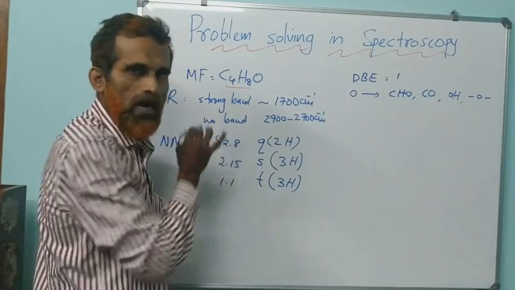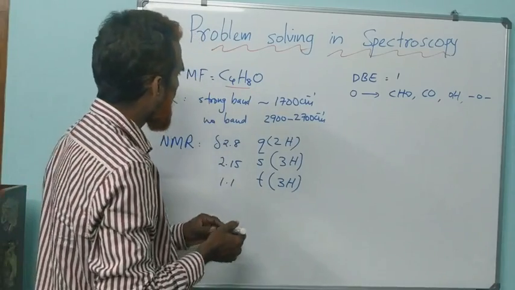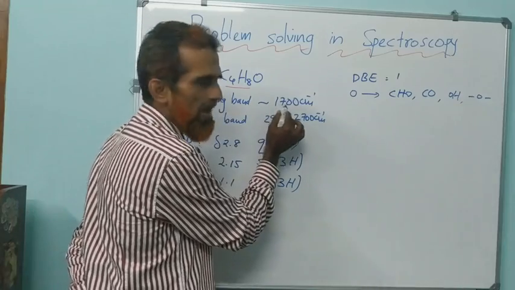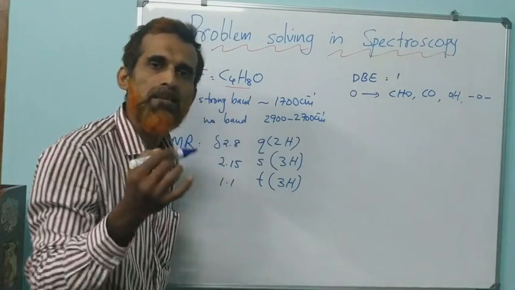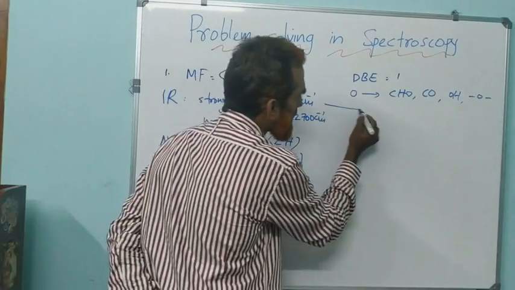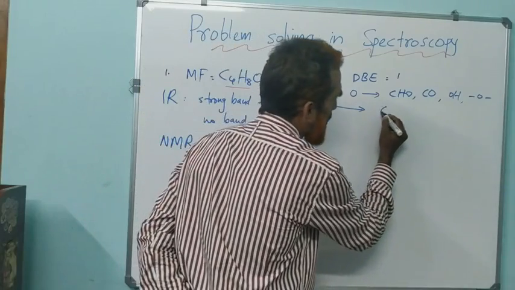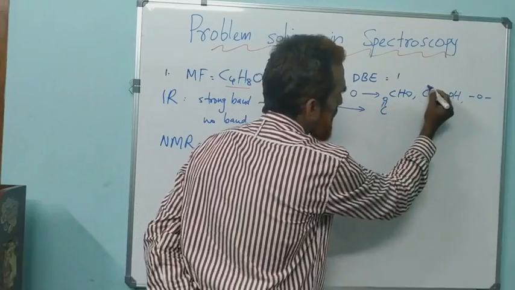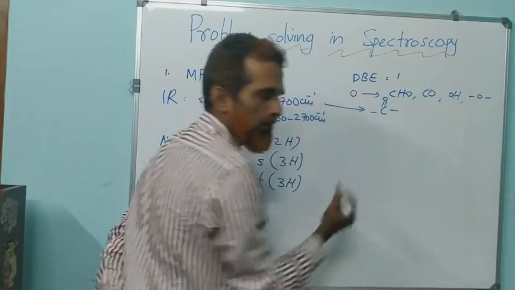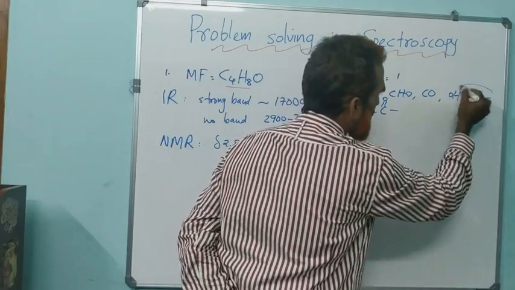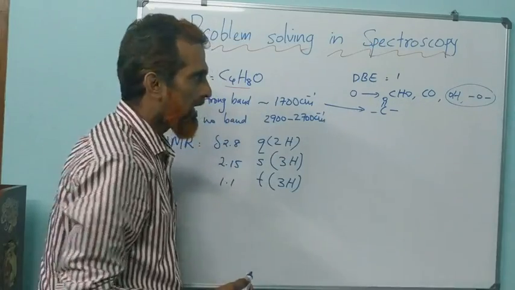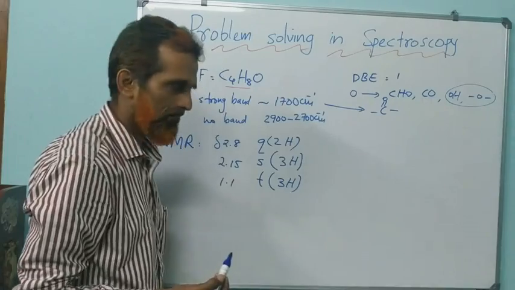Now look at the IR data. IR says strong band at 1700. What does it mean? This implies the presence of the carbonyl group, C=O. So that means we can rule out alcohol and ether. Now it can be aldehyde or ketone.